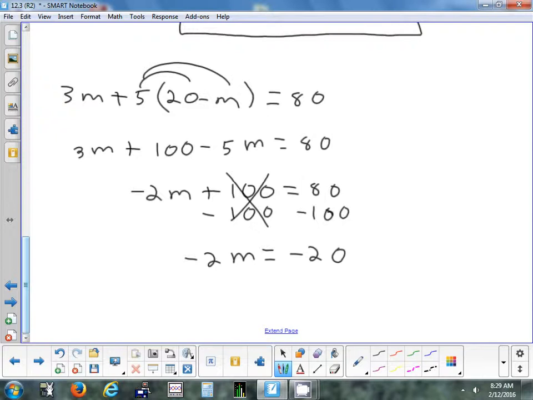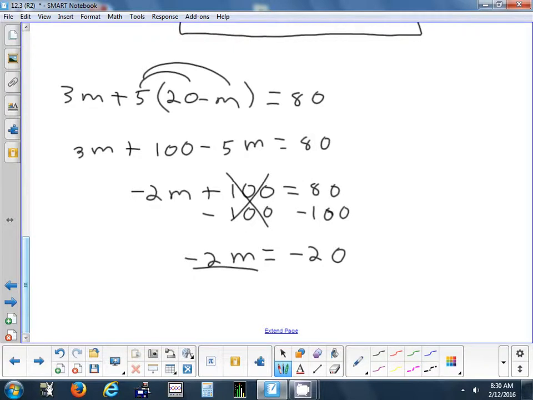And my last step to get m by itself is to divide. Divide negative 2m by negative 20. We want to get rid of the thing that's next to m.